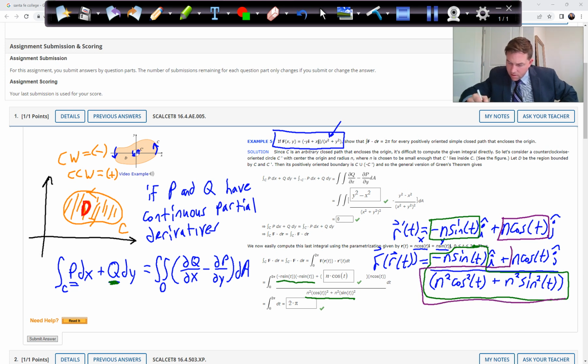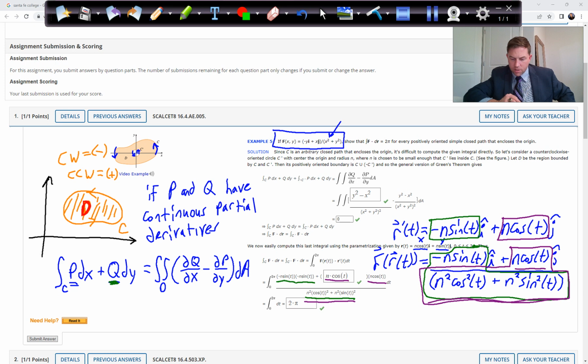So notice how the denominator is used twice here. We're going to get n cos t times n cos t, so we just have to type n cos t in there. And then this n cos t is right here, and then this is the denominator again.